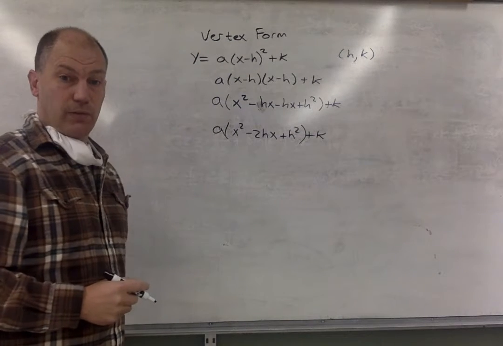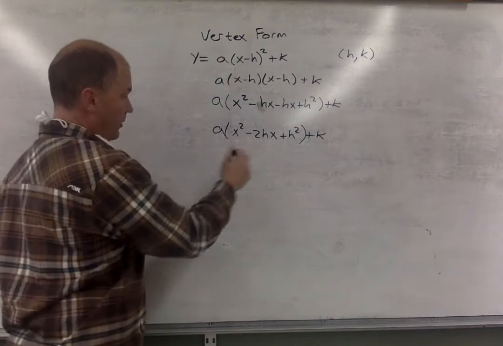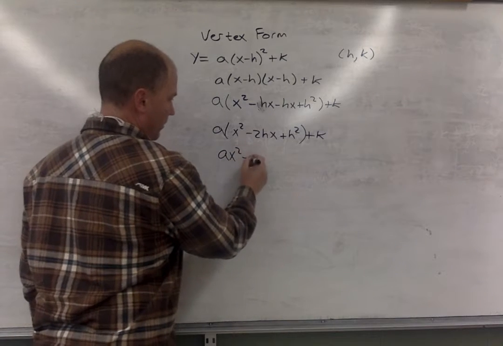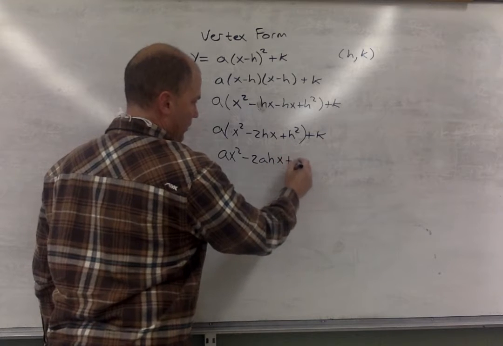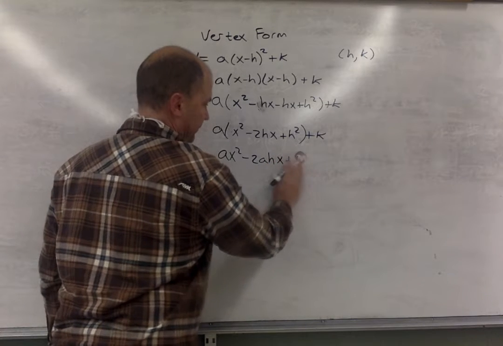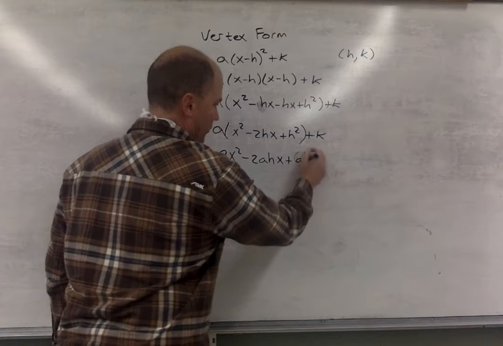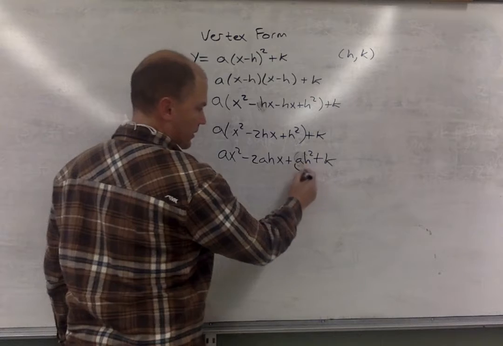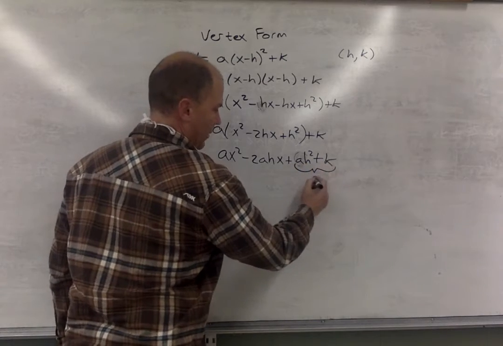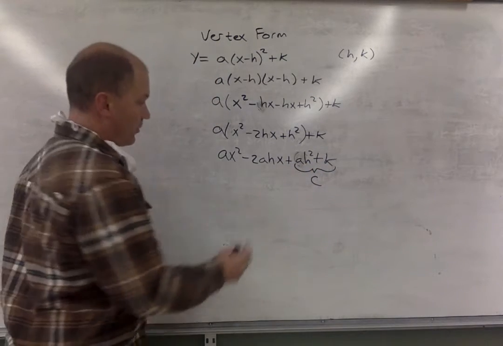And now if we continue on and we distribute the a, we get ax squared minus 2ahx plus ah squared plus k. So this here would be our c term, or our constant term.